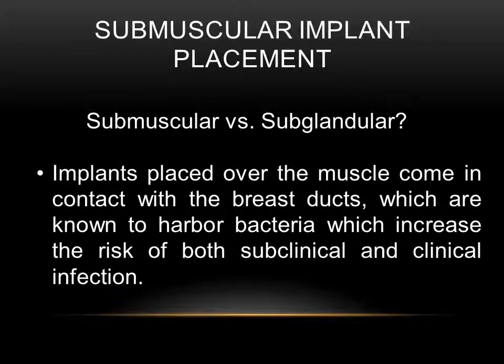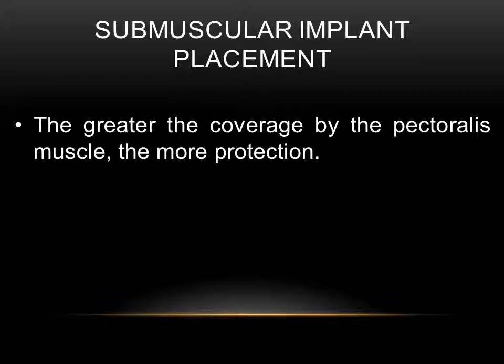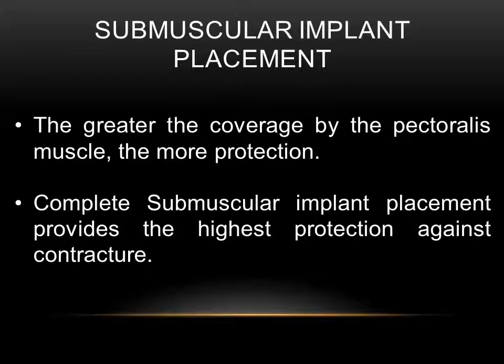Implants placed over the muscle, in a subglandular plane, come in contact with the breast ducts, which are known to harbor bacteria, which increase the risk of both subclinical and clinical infection. The greater the coverage by the pectoralis muscle, the more protection. Therefore, complete submuscular implant placement potentially provides the highest protection against contracture.